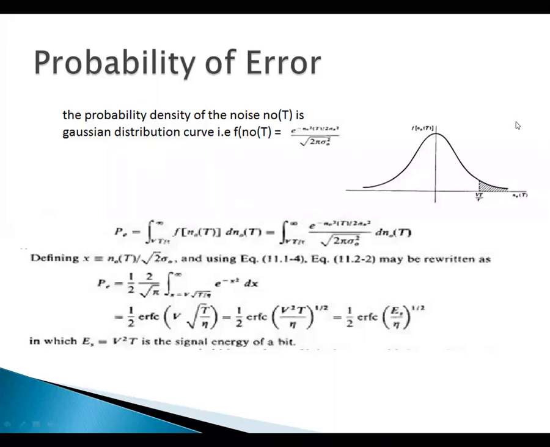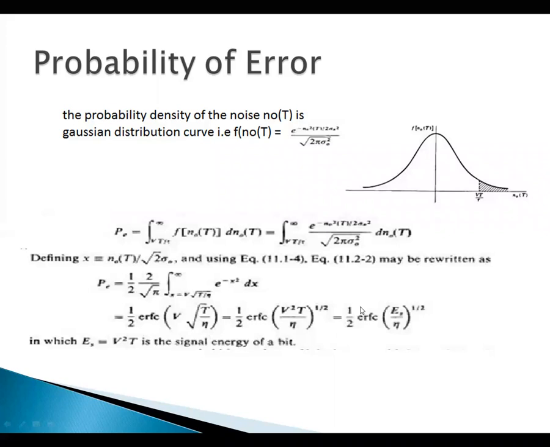Now the integral of the function of n naught of t, d n of t. So n naught of t, you already know, is e to the power of minus n naught square by 2 sigma square, divided by square root of 2 pi sigma square. Okay, so you can calculate that.